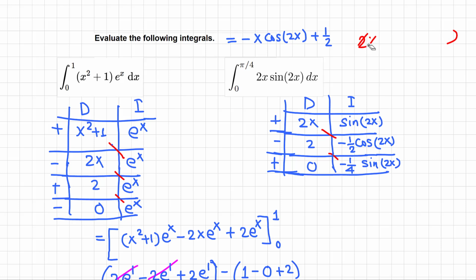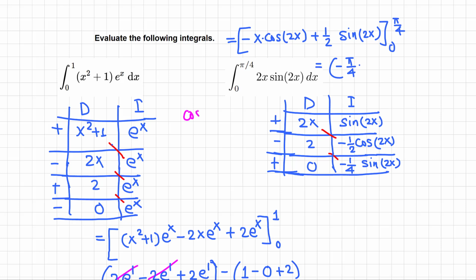Negative, negative, positive. 2 times 1/4 is 1/2 sine 2x. We don't need plus C because we're going to evaluate from 0 to pi over 4. So replace x throughout by pi over 4 and then 0. This is going to be negative pi over 4 times cosine of 2 times pi over 4.